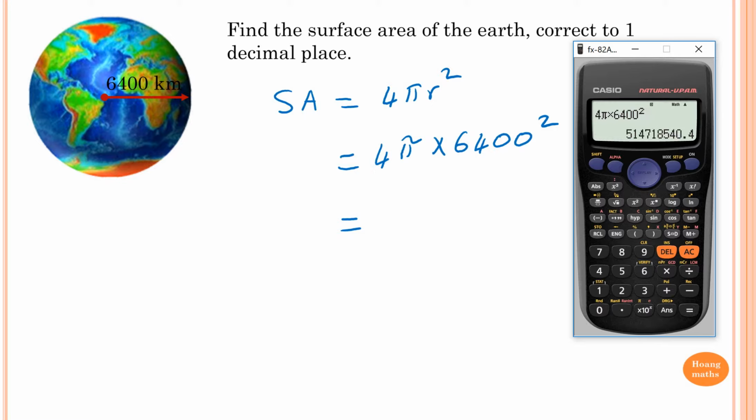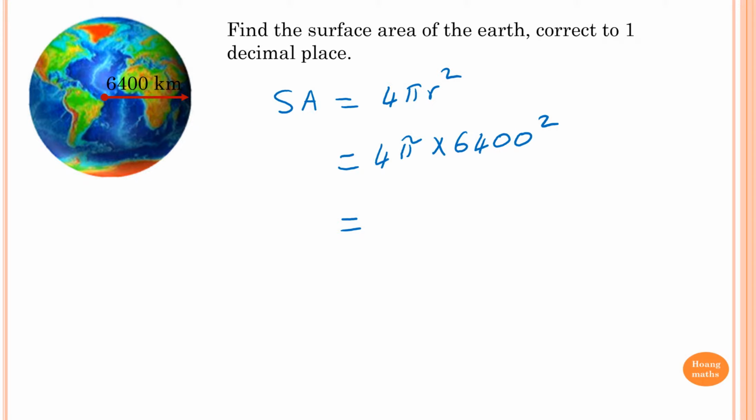So this is it. 514718540.4. So just write this down first. So which is 514718540.4 square kilometers. That's the surface area.